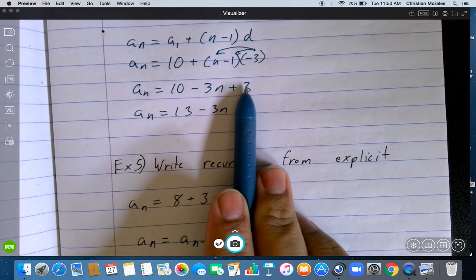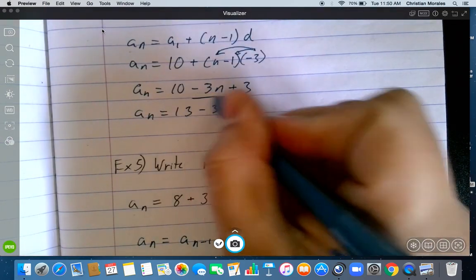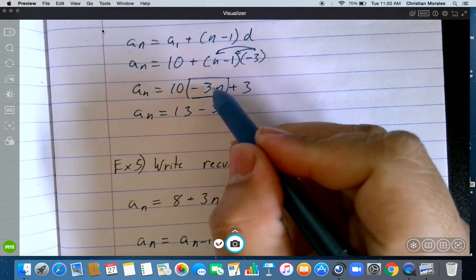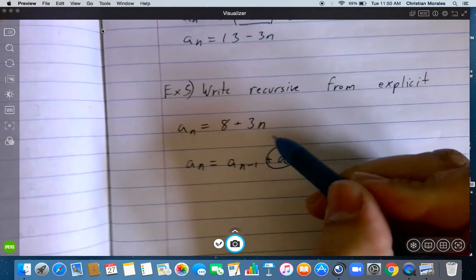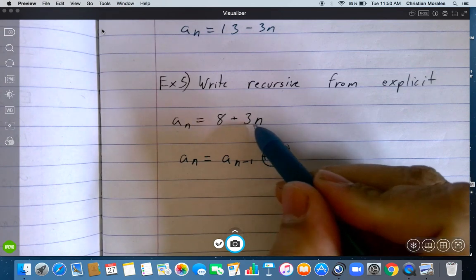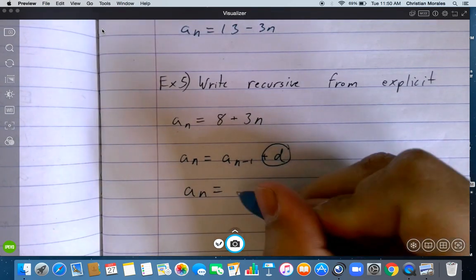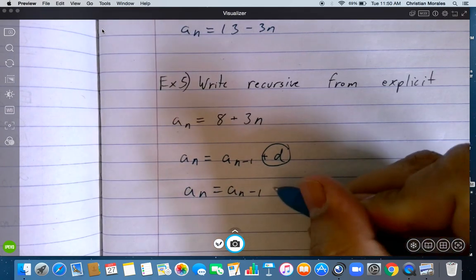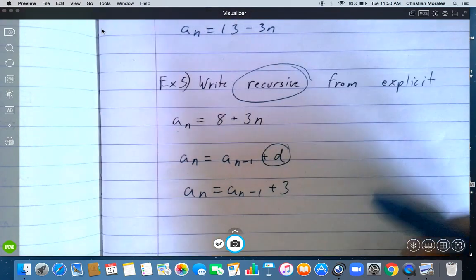But then this one combines with that. This number didn't change. This was your common difference, the number with n. So when you look at this, guys, the common difference is the number with n. In this case, it's 3. So all you have to do is this. There's the recursive formula.